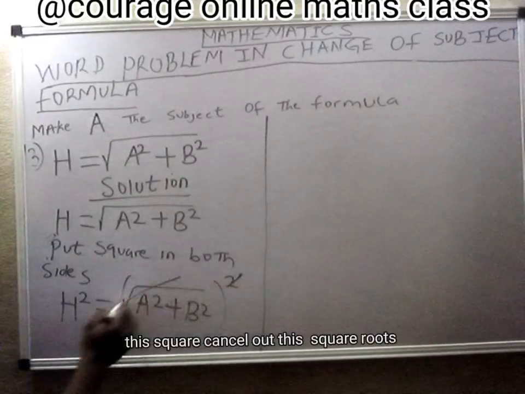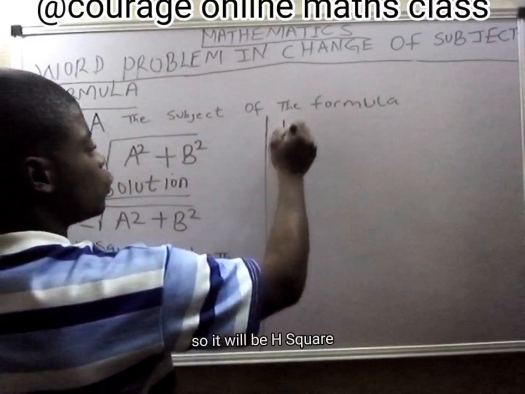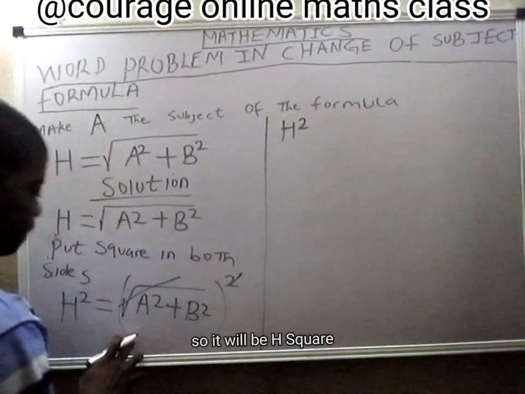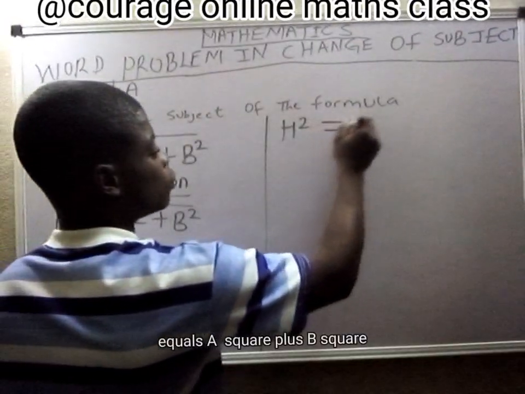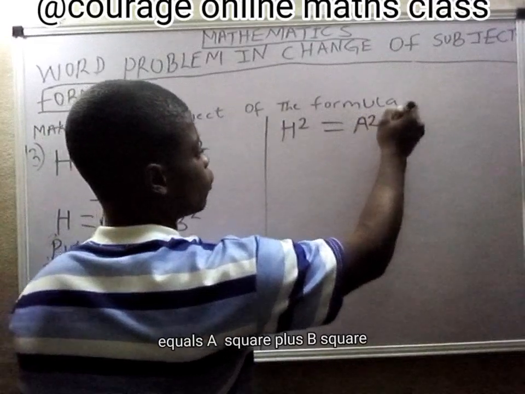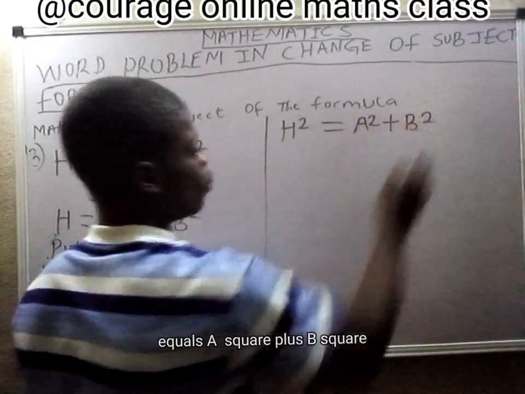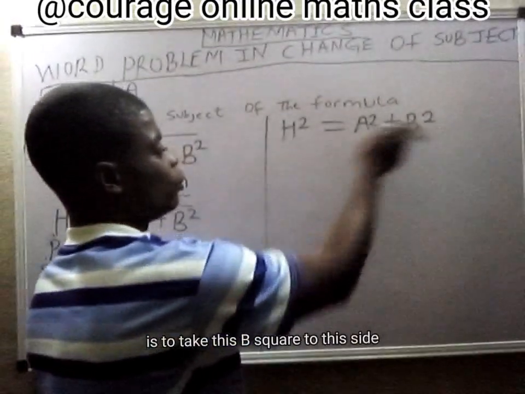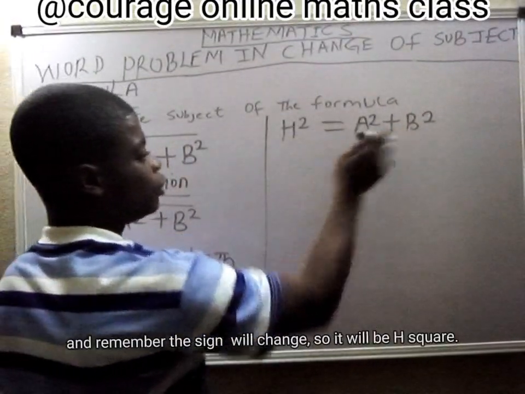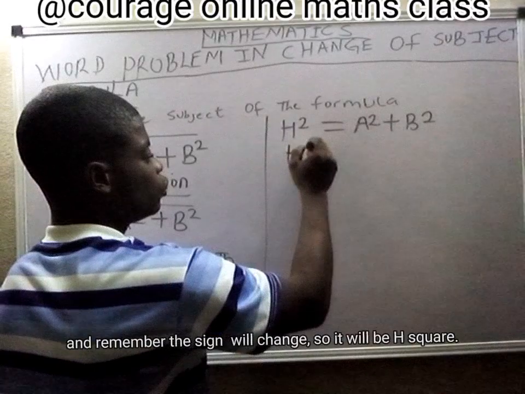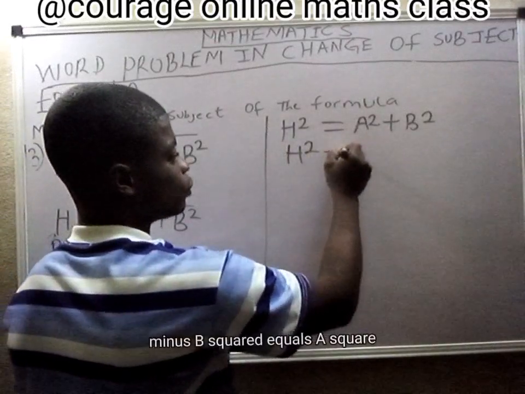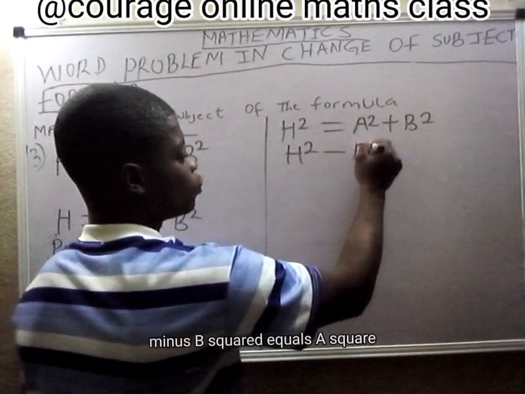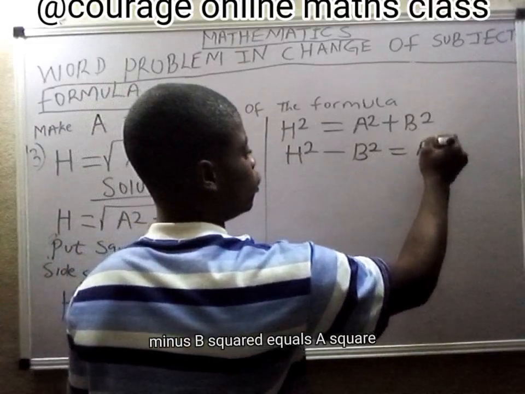This square cancels the square root, so it will be h square equals a square plus b square. So the next step we take is to take this b square to this side, and remember the sign will change, so it will be h square minus b square equals a square.